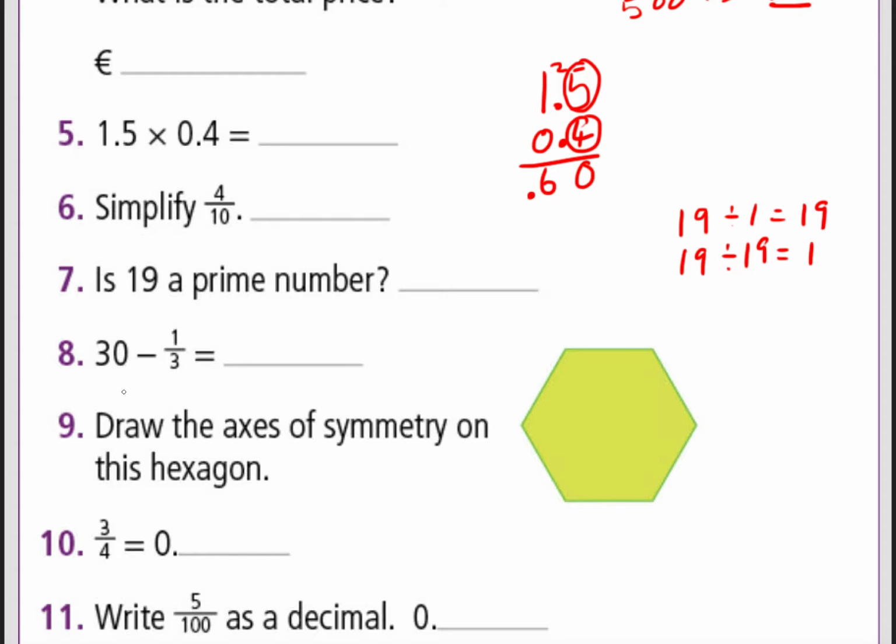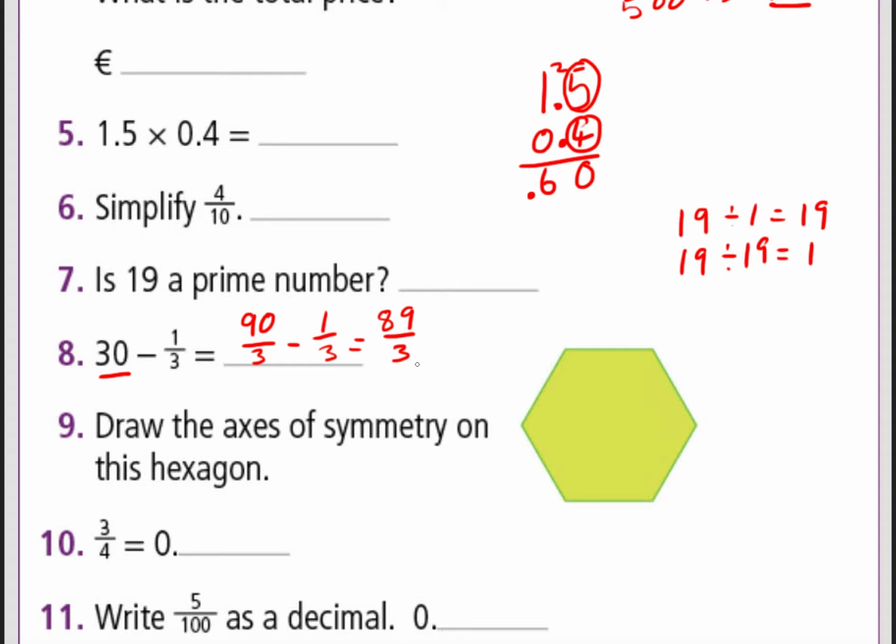Number 30, we've got 30 take away 1 over 3. So probably the best way to do this is take this 30 and convert it into thirds. Now in 1 unit there's 3 thirds, so in 30 of them there'd be 90. So that's 90 over 3 take away 1 over 3 equals, and we'll get 89 over 3. And we need to finish this off. That's an improper fraction.